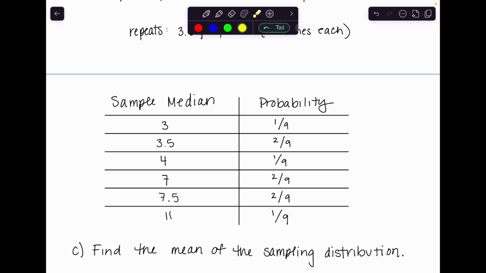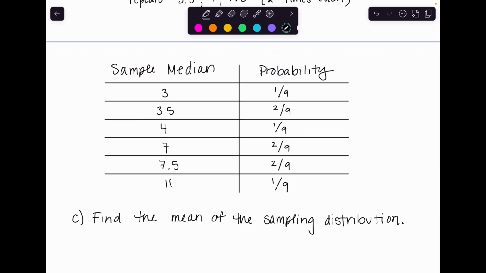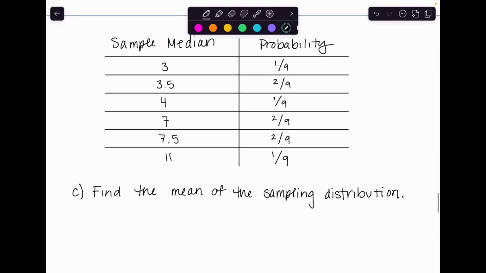So now what I want to do is figure out what is the expected median from here. So I'm really finding my mean of this sampling distribution. So my mean is, again, taking the sum of each of these possible outcomes multiplied by its probability. My first possible median is 3, and we want to times that by the probability of getting a 3.